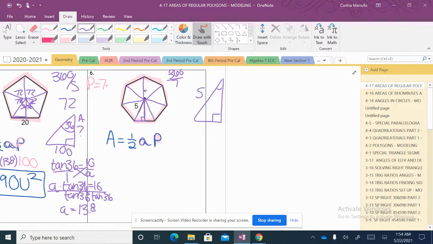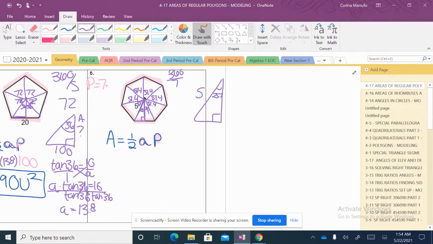So I'm just going to put 51.4. And so all of these central angles are 51.4. For this one, because we cut it into 2 equal parts, that means that each one is 25.7. So that means this is 25.7.